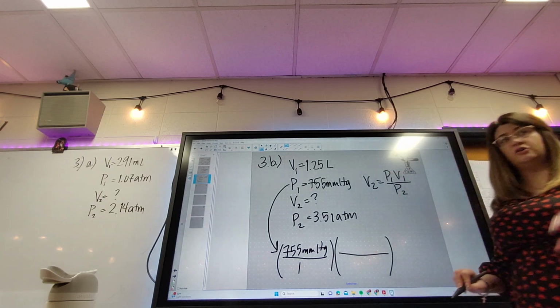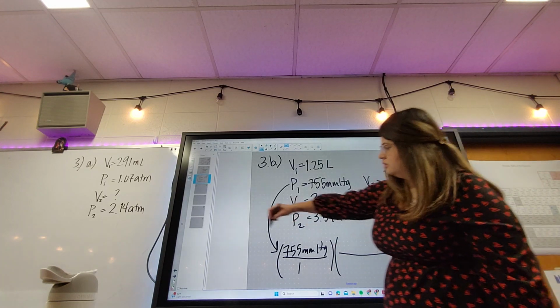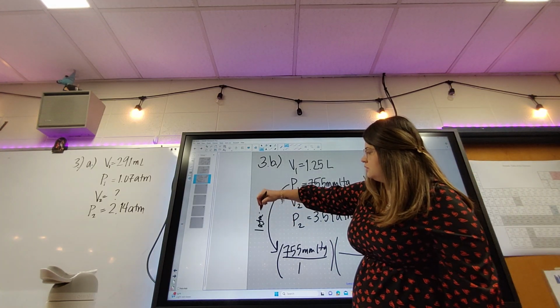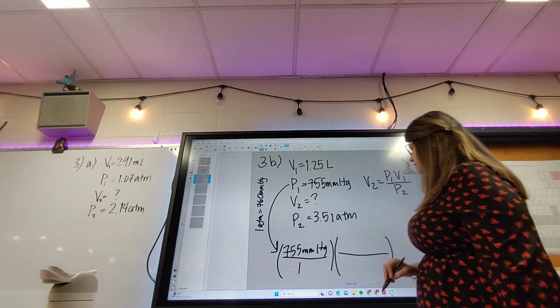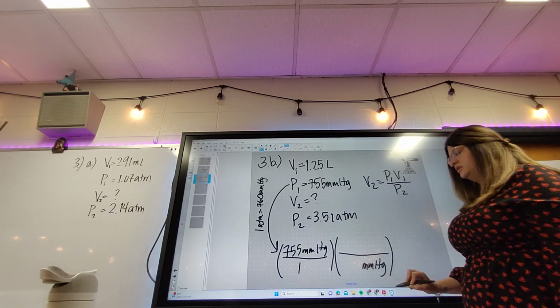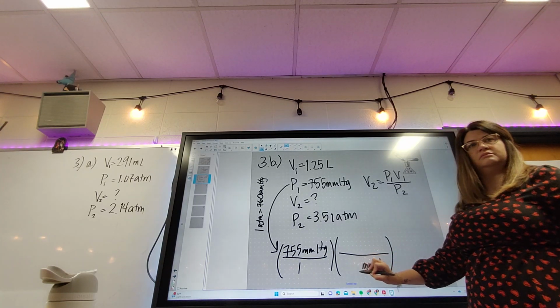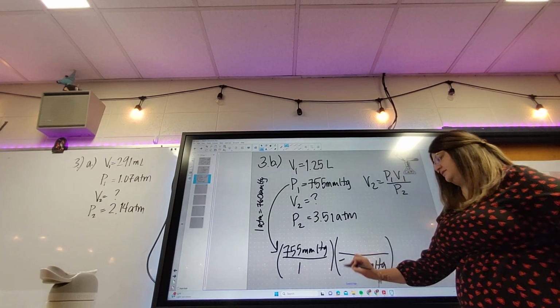Okay, so how do I convert my units? Well, I know from my formula sheet that 1 ATM equals 760 mmHg. So mmHg goes on the bottom of this fraction. What number goes next to it? 760.